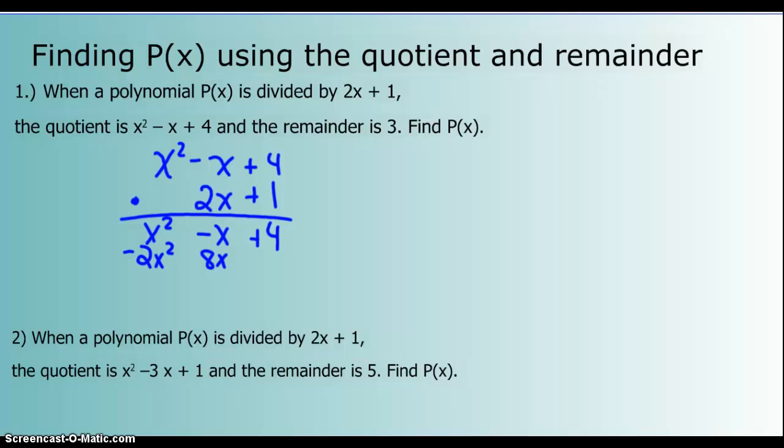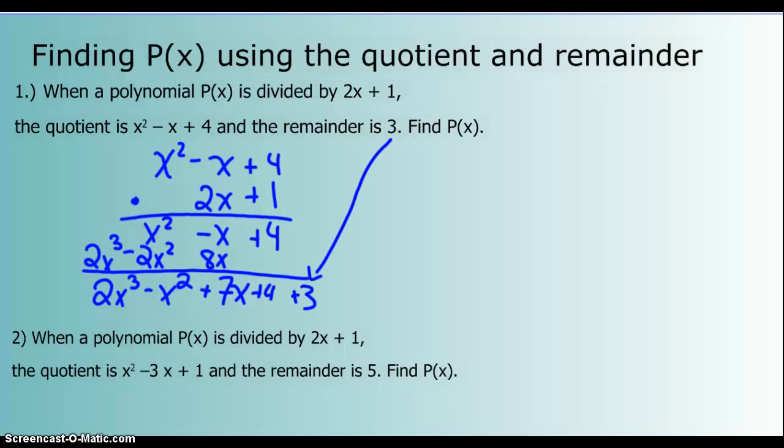And then 2x times x cubed is 2x cubed. So go ahead, 2x cubed minus x squared plus 7x plus 4, and then add your remainder of 3. So you'll have an answer of 2x cubed minus x squared plus 7x plus 7.